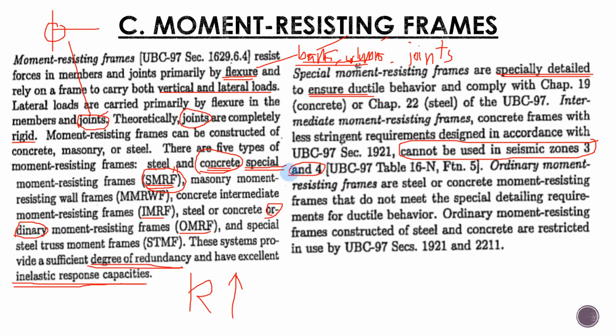So dili siguro tanan structure ang gamiton niya guys is kana mga high rise na mga building, so dili na pwede intermediate moment resisting frame kay sa zone 4 kusog ang ground shaking, so kusog ang movement or acceleration sa ground. So pero mga 2 story siguro, 3 story pwede pa siguro.